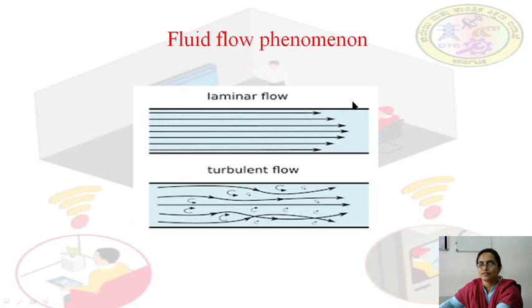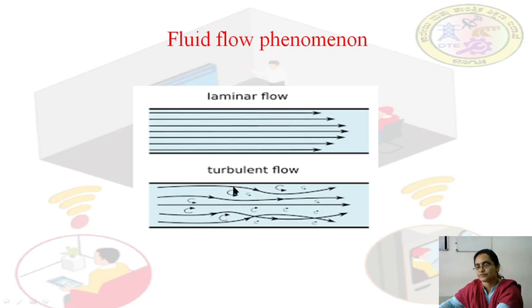So this is the fluid flow phenomena in which laminar flow and turbulent flow diagrams are there. You can see these are the streamlines. The streamlines in laminar flow are parallel to each other. Such flow is called laminar flow or viscous flow or streamline flow.